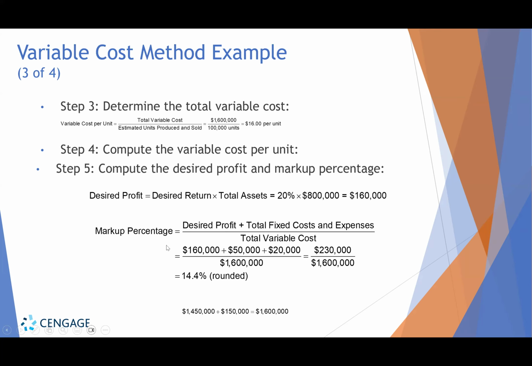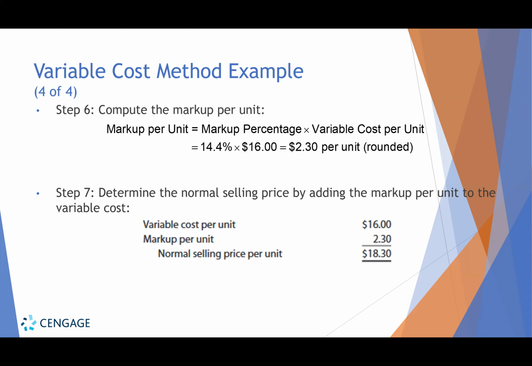So we then are going to need to have the markup at 14.4%. The 14.4% times our variable cost per unit of $16 means we're going to need to mark it up 230 per unit. We're just having different formulas in order to set the selling price.